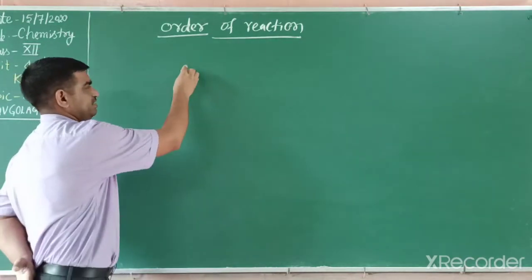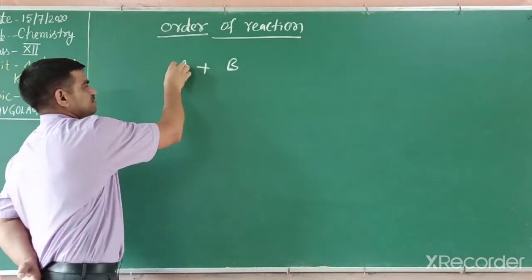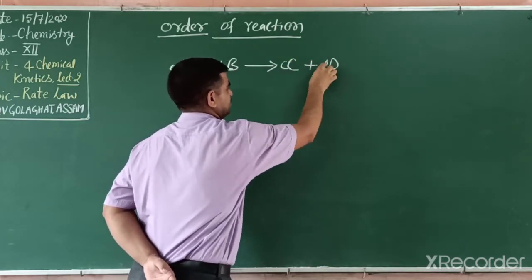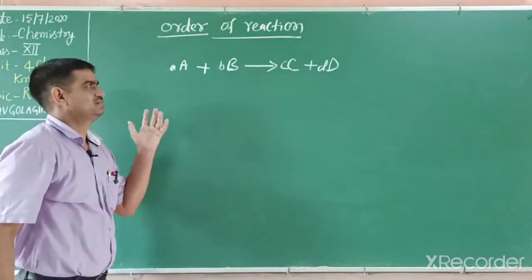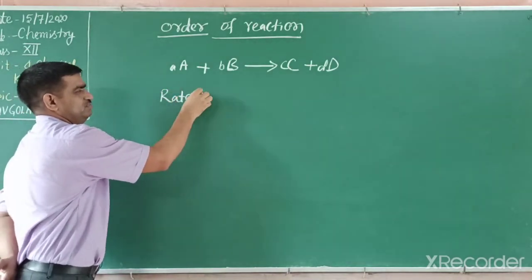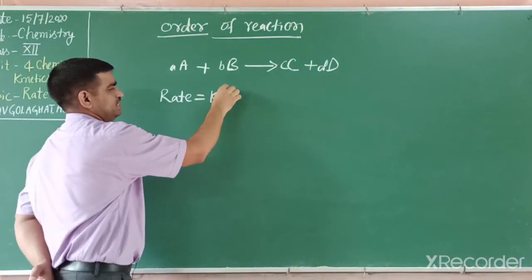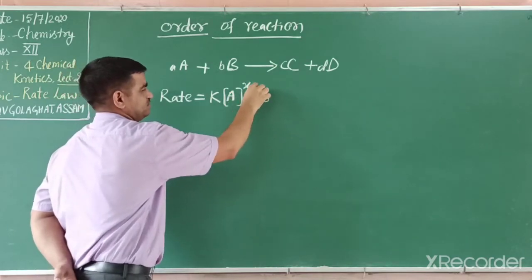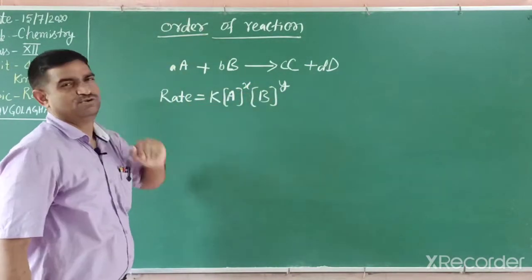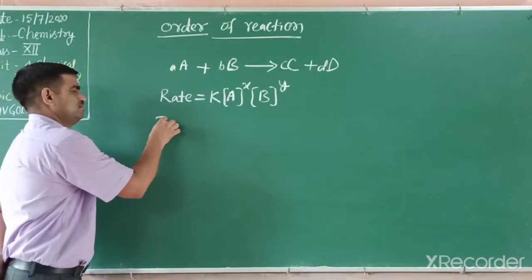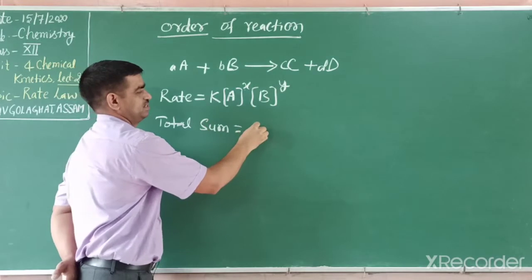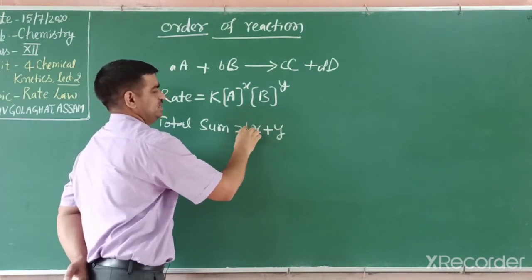If you write a general reaction again, A plus B, multiplied by their respective stoichiometric coefficients, convert into C plus D. When we express this general reaction by rate law, rate is equal to K, concentration of reactant A power X and concentration of reactant B power Y. These exponents X and Y are known as order of reaction, or we can say the total sum of powers of exponents in the rate law expression, X plus Y. This is the order of a reaction.